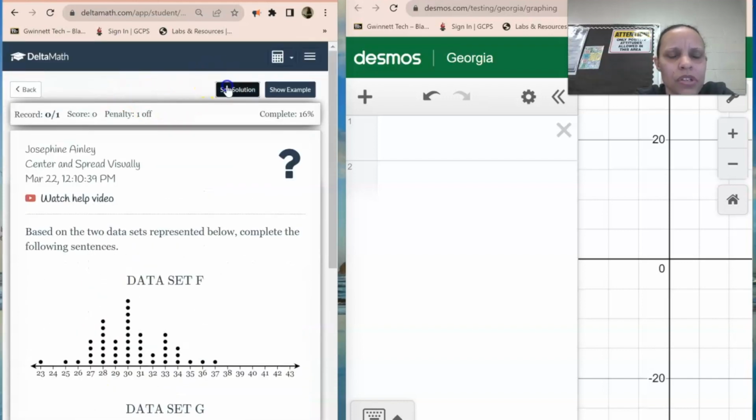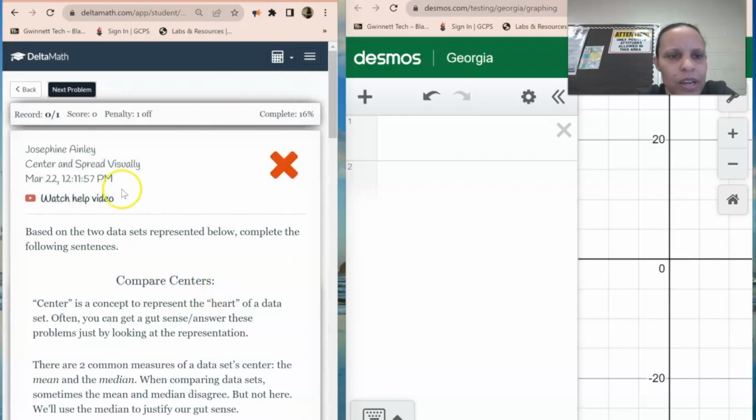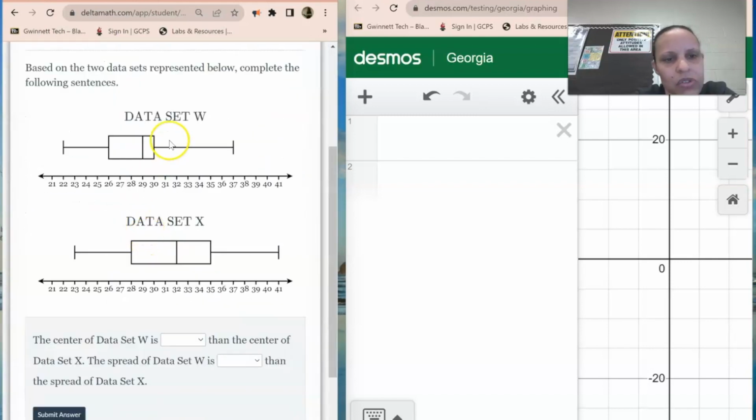And I'm just going to do another one just in case you didn't quite catch that explanation. All right, so again, doing it here, we know center is the median, this line right here. This is 29. And this line right here is 32. So W is less than X. How about how it's spread? All right, so spread is actually Q3 minus Q1. So that's going to give you how wide the box is right here.